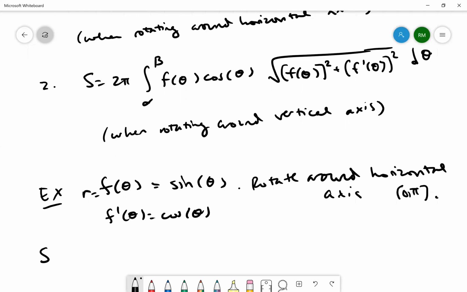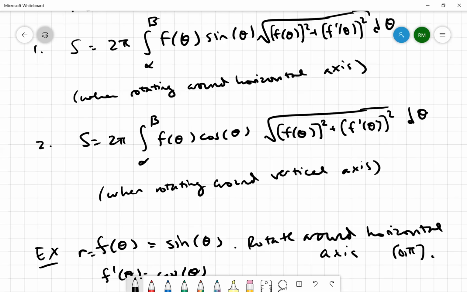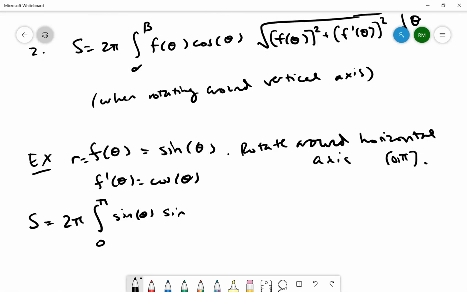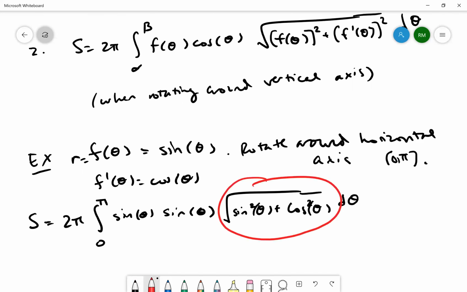So the surface area is the integral from 0 to pi of f of theta, which is sine theta, times sine theta, because that's the formula when we rotate around the horizontal axis, times the square root of sine squared theta plus cosine squared theta. So we see that this piece just becomes 1.